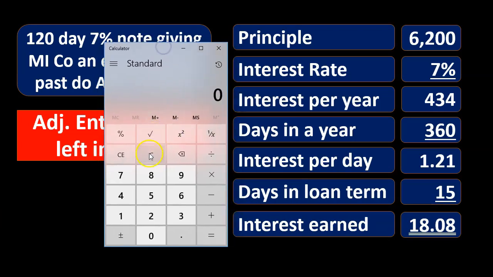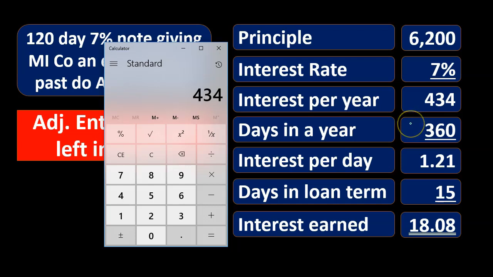So if we did this with a calculator, we'd say, okay, there's 6,200 times 0.07, 7%. That gives us the 434 interest if it was for an entire year. We only have 15 days that we're looking for.